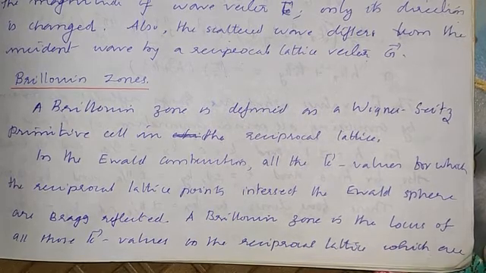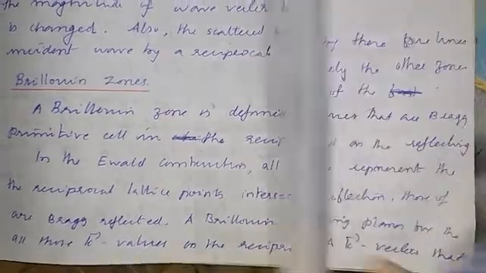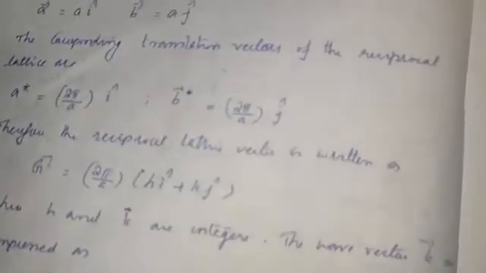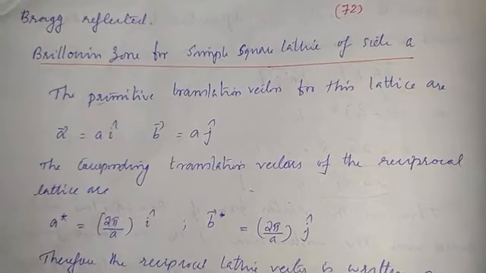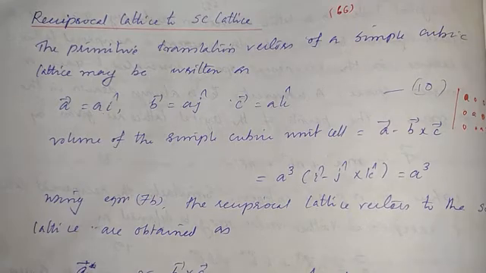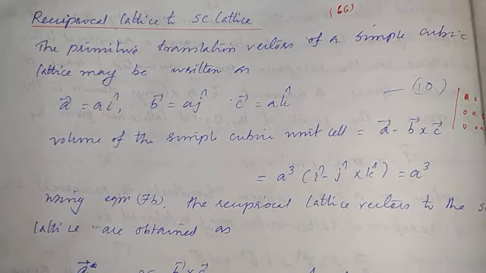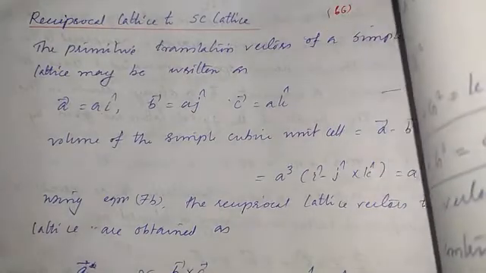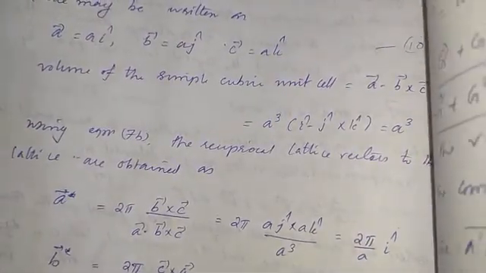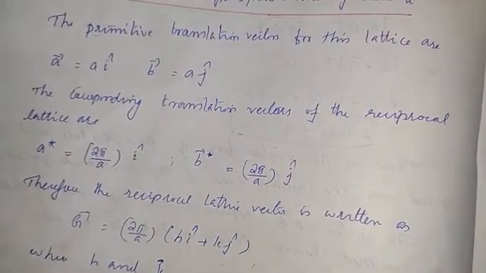So a Brillouin zone is the locus of all those k values in the reciprocal lattice which are Bragg reflected.